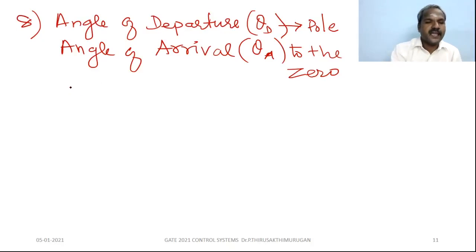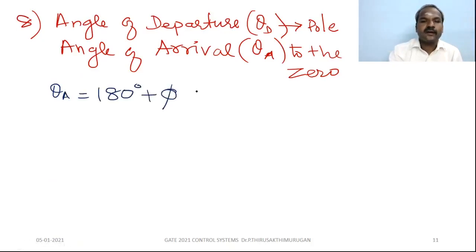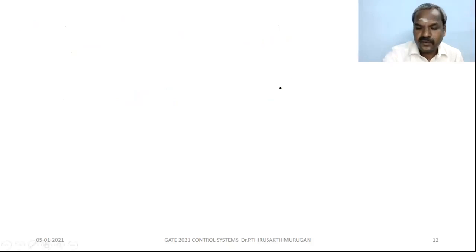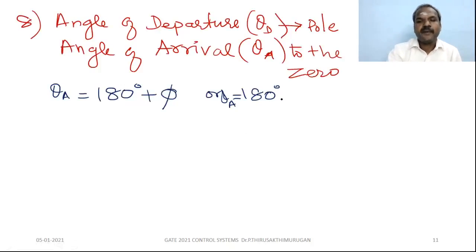Theta a, the angle of arrival, is equal to 180 degree minus angle of GH at s equal to s1.